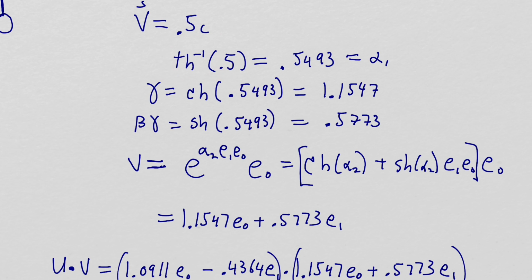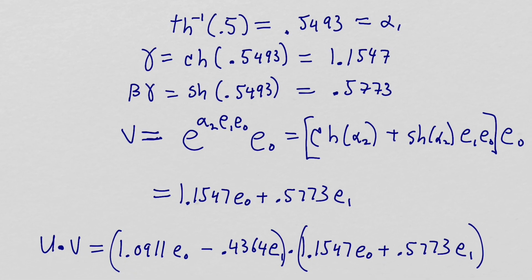We just do the same thing. Its rapidity is 0.5493, and I calculated gamma to be 1.15. That sounds about right. If you're moving at half the speed of light, your gamma is still not that big. Things are about 15% more intense when you're at half the speed of light.